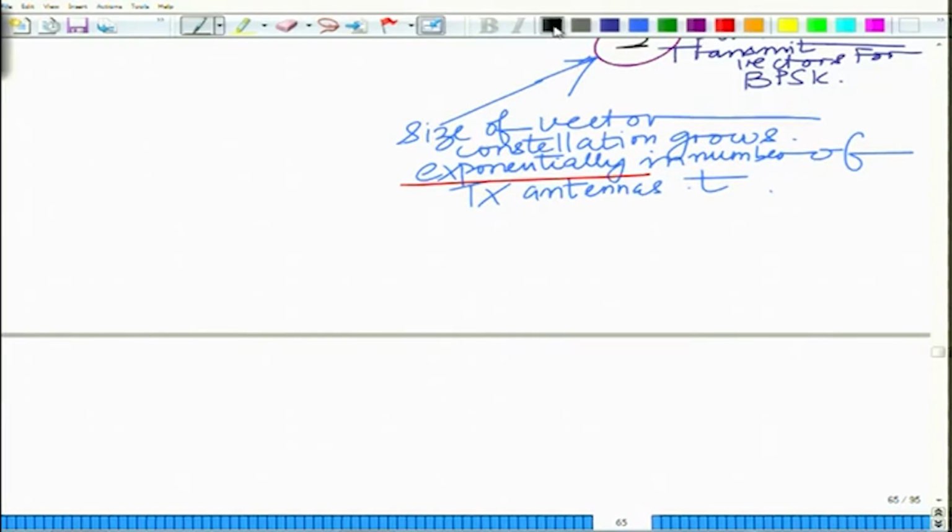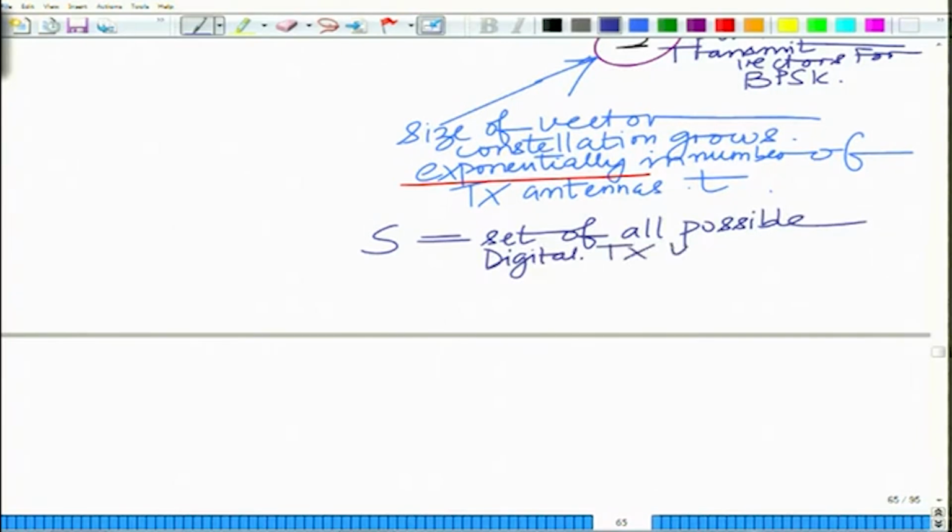The problem is, let us say we have the set S equal to the set of all possible digital transmit vectors x bar, and now this set has 2 to the power of t elements, and therefore now what is the problem?